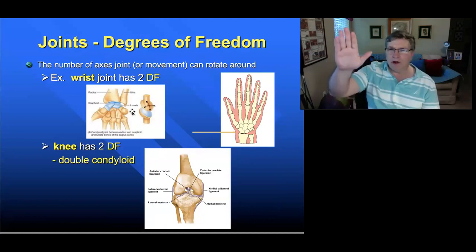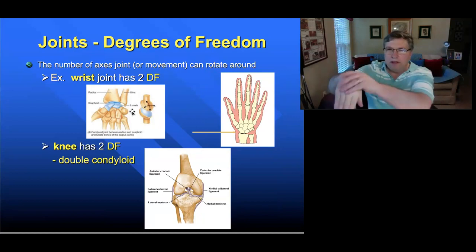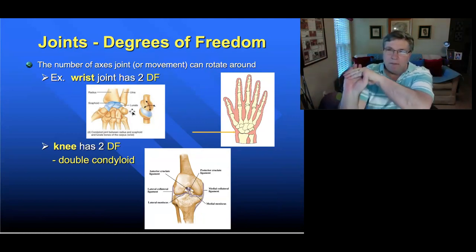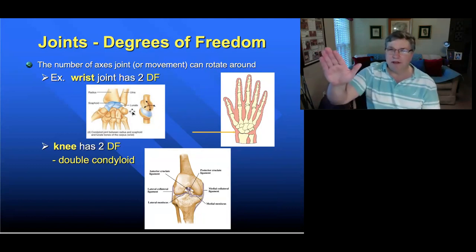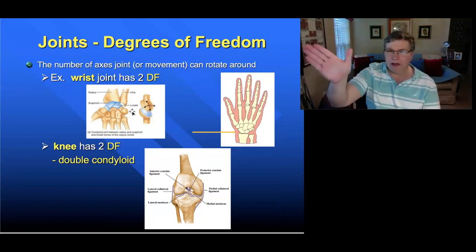So across the short axis, you get greater freedom of movement, but less protection. You're more likely to get hyperflexion and hyperextension type injuries.